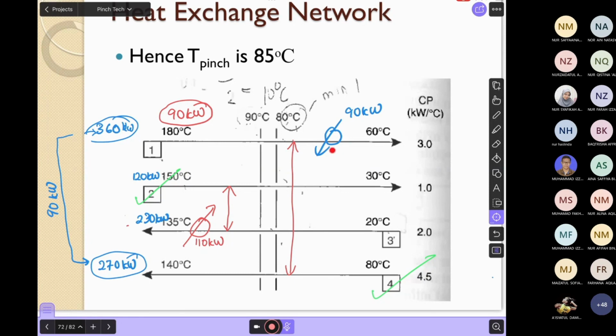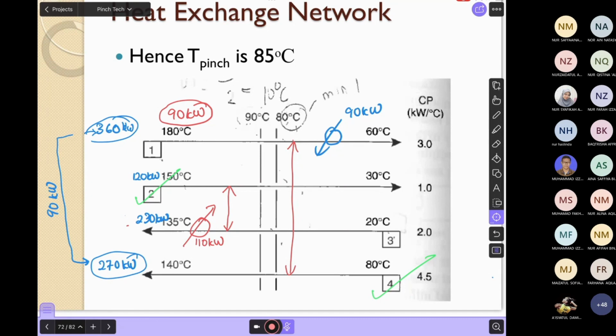Yang ini pula dia perlu release the energy. Sini nak release, sini nak absorb. Dia boleh lah match. Dia nak absorb, sini nak release. Dia macam suka sama suka lah kan?